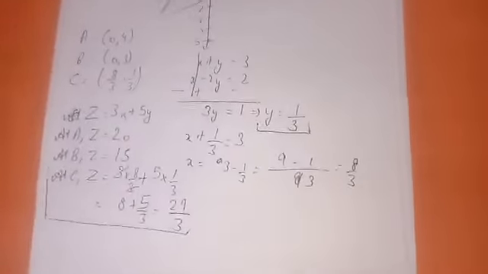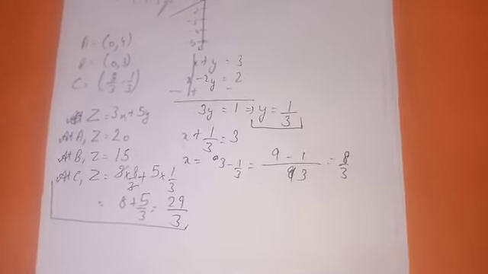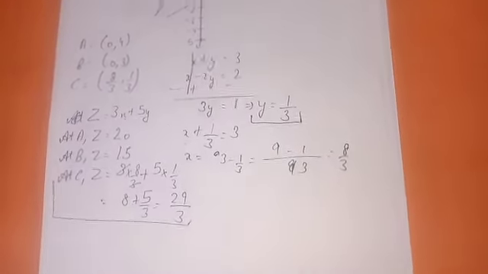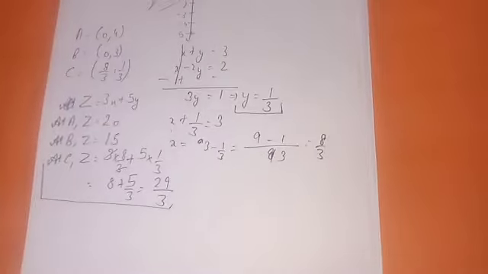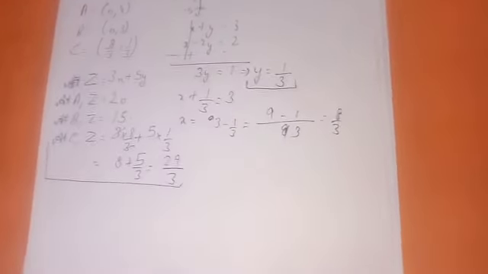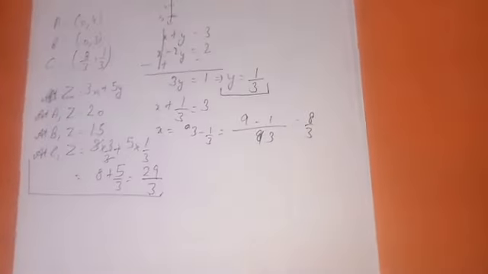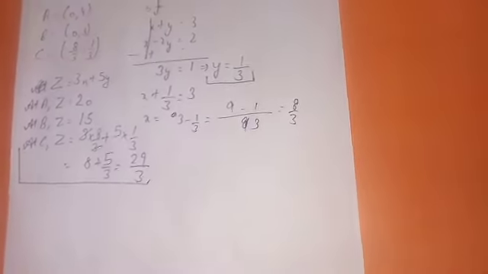But we know that our feasible region is unbounded. So in this case, what we are going to do? We are going to verify whether z is equal to 29 by 3 is the minimum value or not.